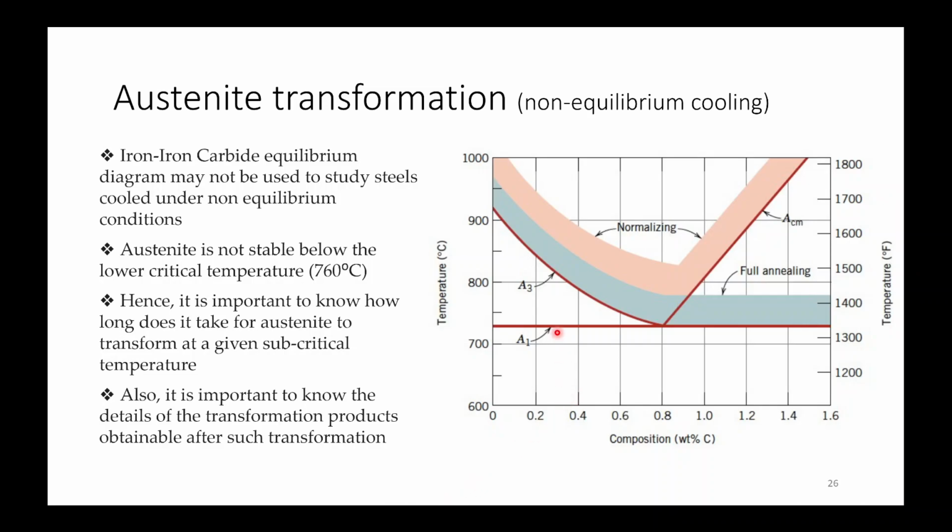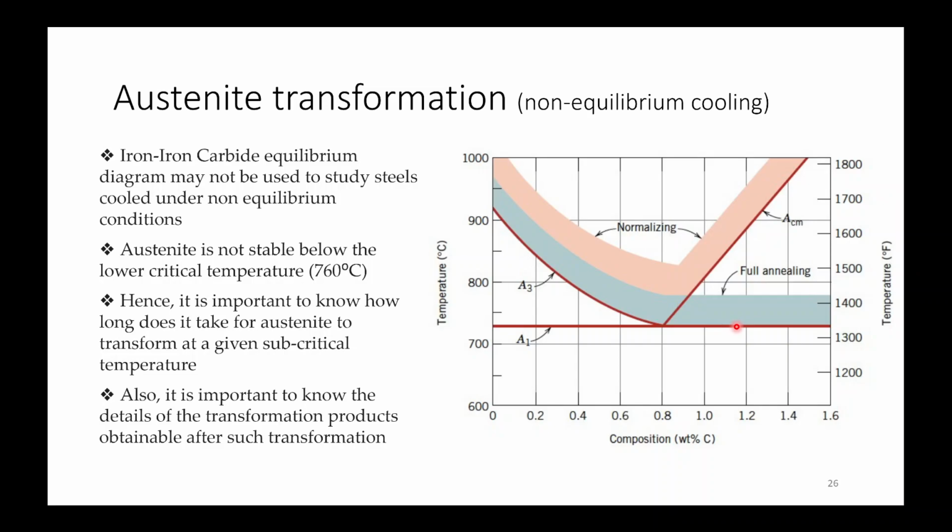You're talking in terms of microstructure or here in the phase diagram? In both cases. Firstly, if we are talking about the phase diagram, on the right side we are having the two phase region alpha and Fe3C, isn't it? So in that region, will we be having any phase boundary?